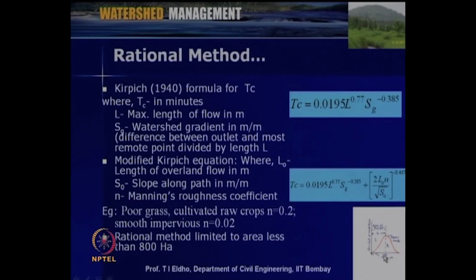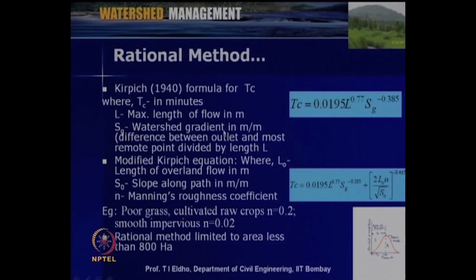Here you can see how this Tc is considered. We can identify n from the literature; for poor grass and cultivated row crops, n is equal to 0.2, and for smooth impervious surfaces, n is equal to 0.02, like that.